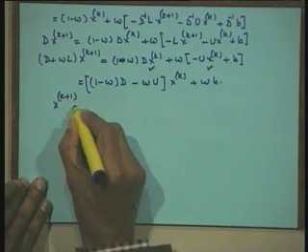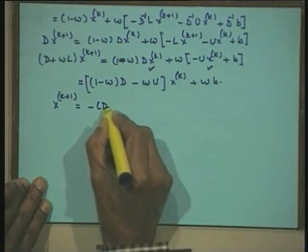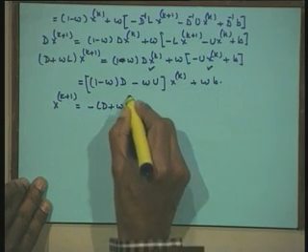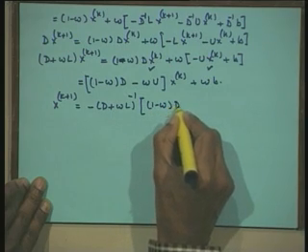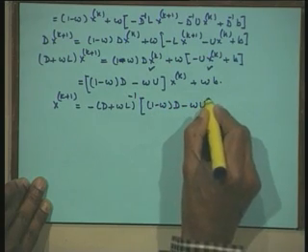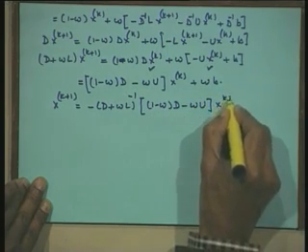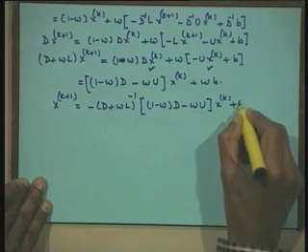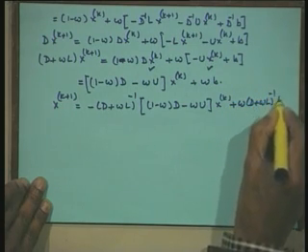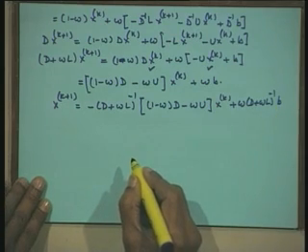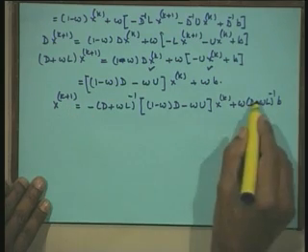Therefore, x k plus 1 is D plus omega L inverse, 1 minus omega into D minus omega U x k plus omega D plus omega L inverse of b. Now, this is our iteration method.